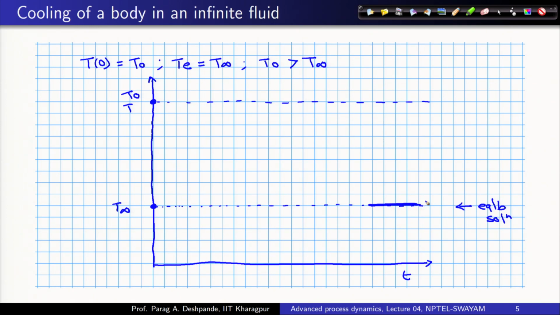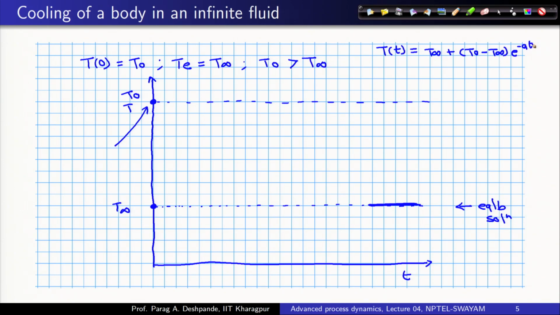Okay. So, how do I start from here and reach here, taking into account the exponential decay which is associated with my model equation. Okay. So, if we remember, our model equation was T of t is equal to T infinity plus (T 0 minus T infinity) e to the power minus a t, okay, e to the power minus a t.